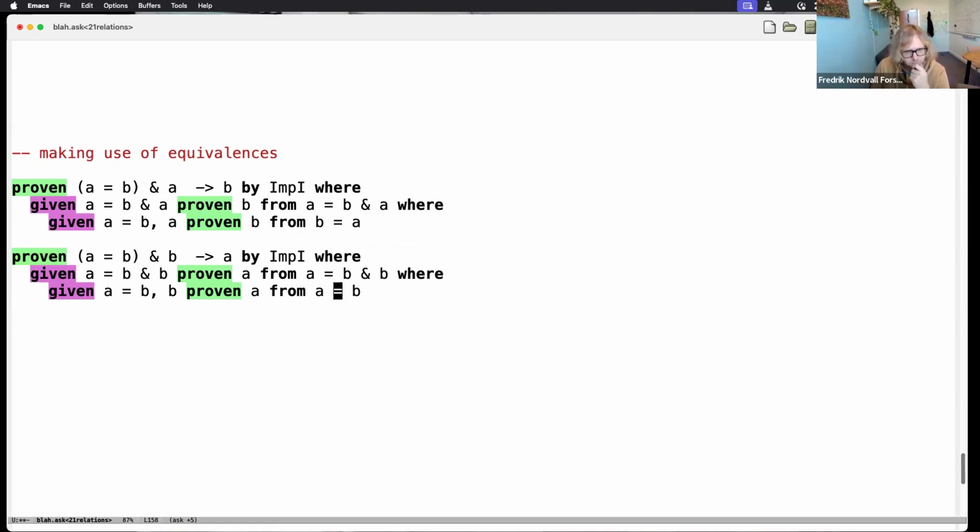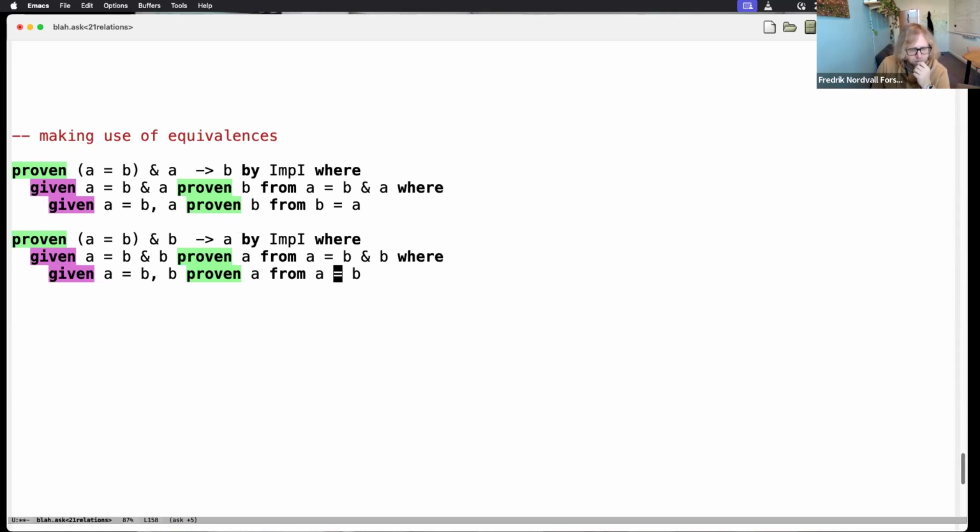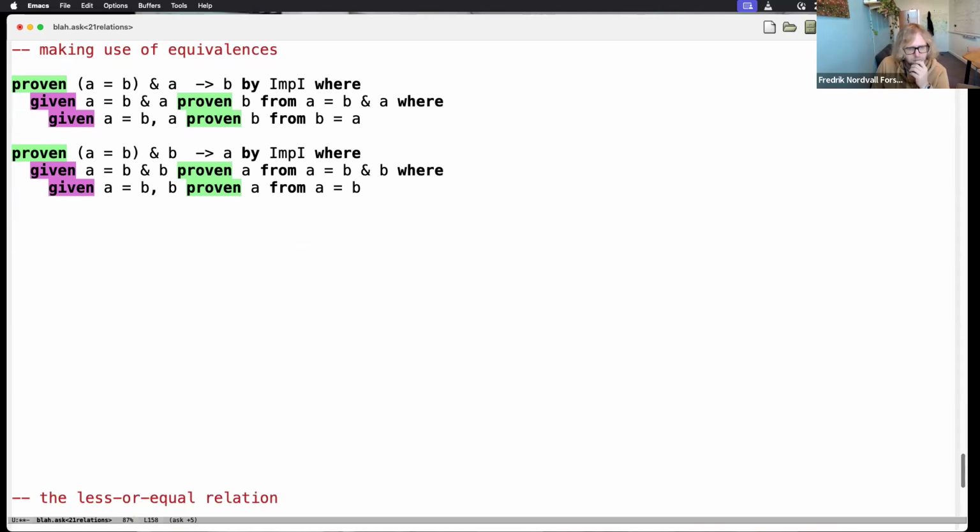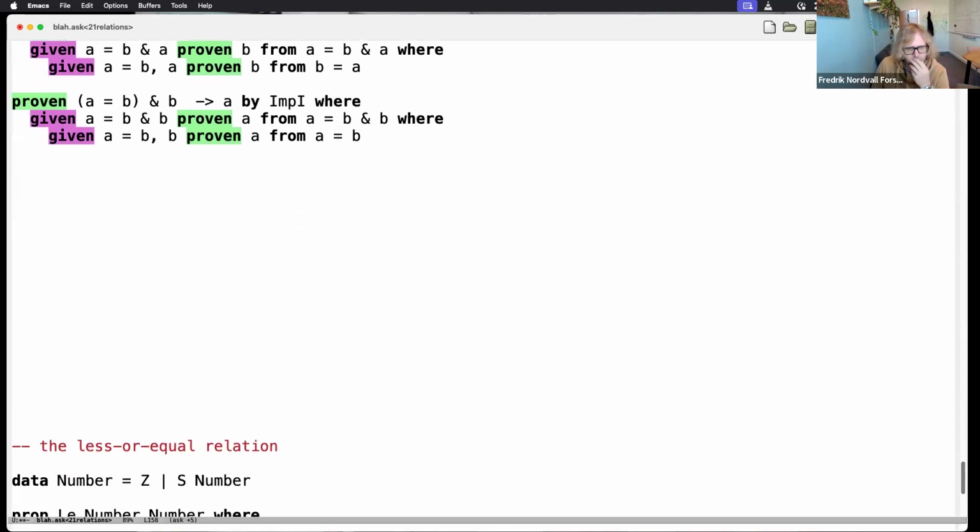I hope you're not fainting with amazement that these things are provable, but we're doing that because they're useful. So that's some kit that we will make use of.